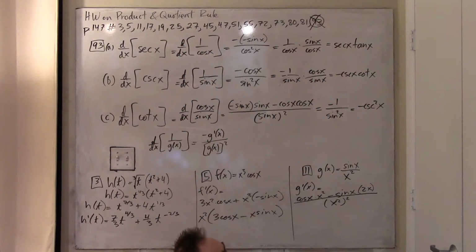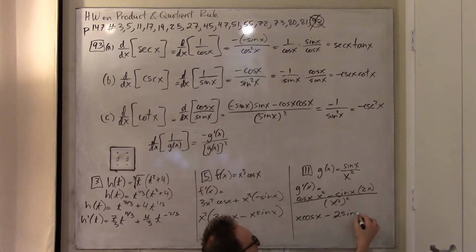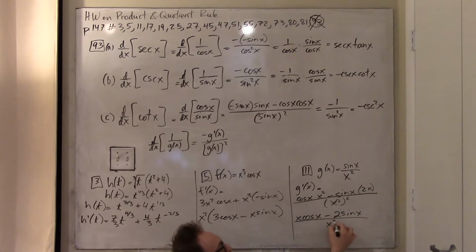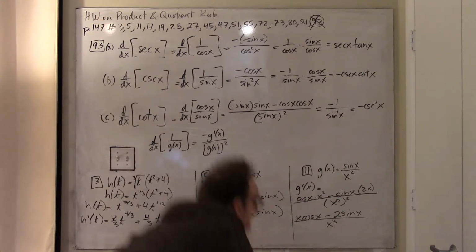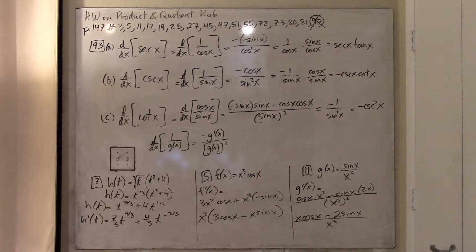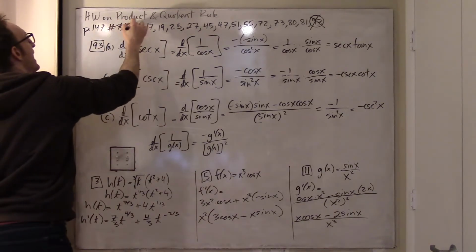So you do get an x to the 4th down there, and you can pull an x out of the top and the bottom. So, doing a little bit of algebra in my head, this is x times cosine x minus 2 sine x, and it was x to the 4th down there, but now it's x cubed because I pulled an x out of the top. Okay, so that was 3, 5, 11.